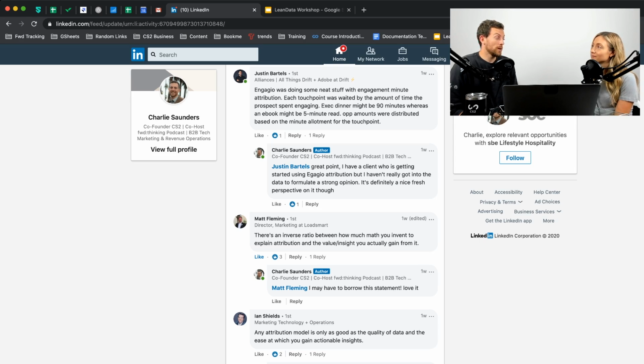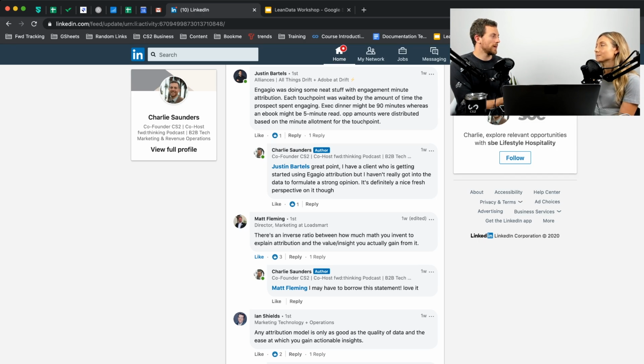Yeah, so that's what I was saying, midway through, where W shape is just looking at touch points based on order, whereas this is looking at touch points based on time. You're weighting, but you're trying to understand how valuable that touch point was, using a metric that you can easily get, which is time.